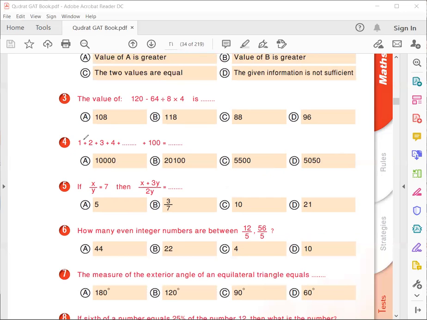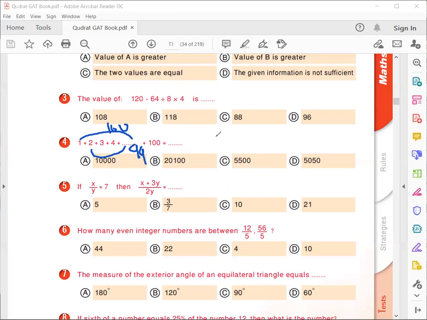You add 1 plus 99, it is 100, right? 2 plus 98 is 100. 3 plus 97 is 100.